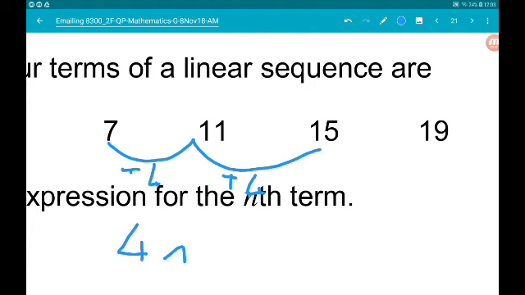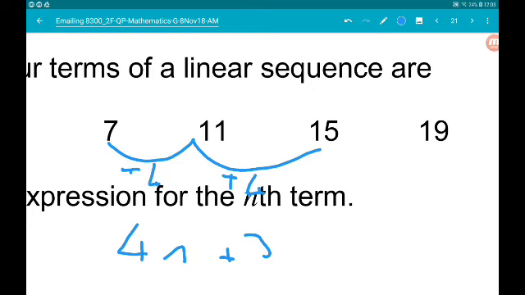Now remember that n is the term number. So if we set n equal to 1, we know the term itself is 7. When n is 1, 4n is 4, 4 times 1. So to get to 7, we need to add 3.